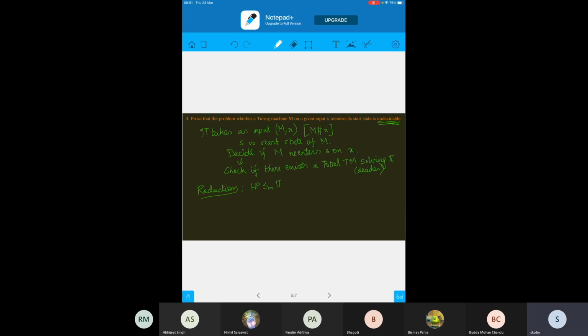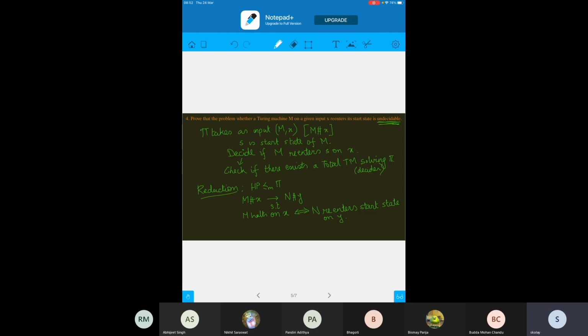So what will the reduction do? For some instance of the halting problem, we will be constructing some N and y such that M halts on x if and only if N re-enters the start state on y.